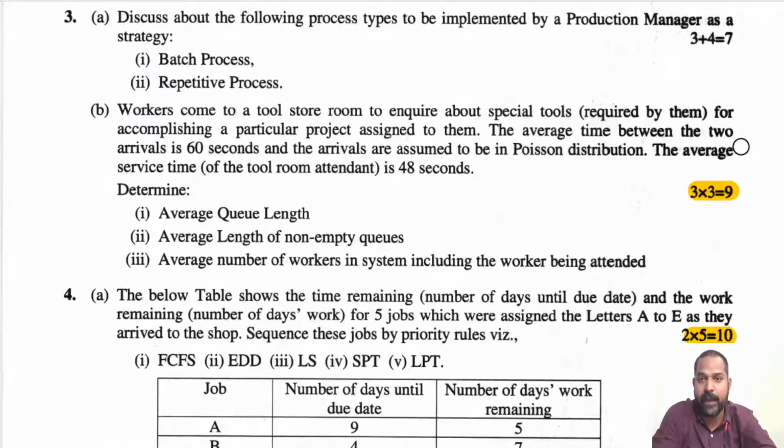The average time between 2 arrivals is 60 seconds. Then every 1 minute one person comes, and the average service time of the attendant is 48 seconds, which means to attend one person it takes 48 seconds.